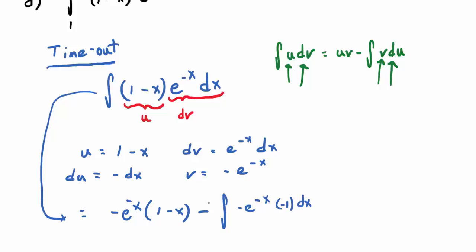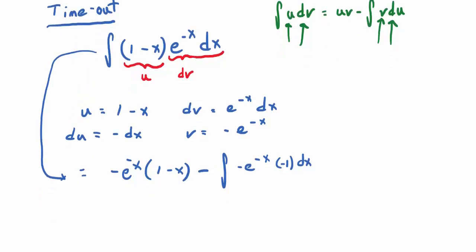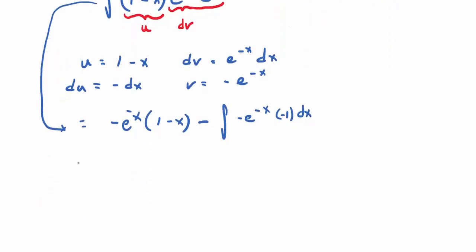So when the smoke settles, what operation are we going to have out in front? We've got three negatives there essentially, so it's going to stay negative. And if I multiply this out, what do I get? x e to the negative x is the nicest way to write it. And then it'll stay minus the integral of e to the negative x dx.